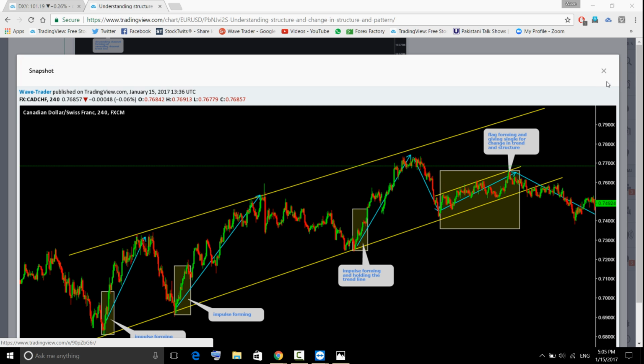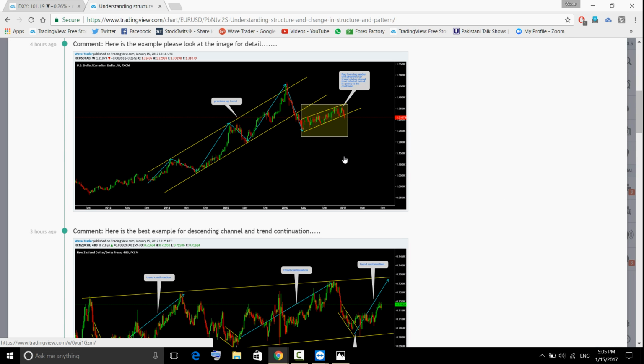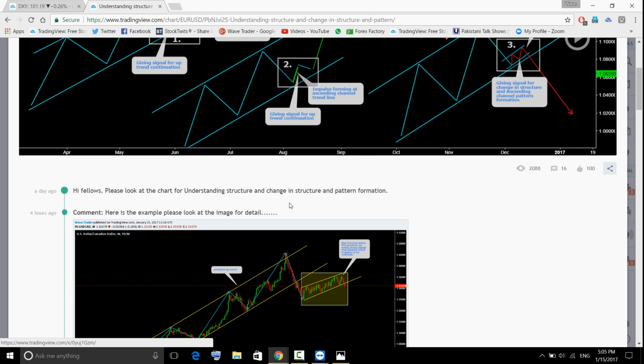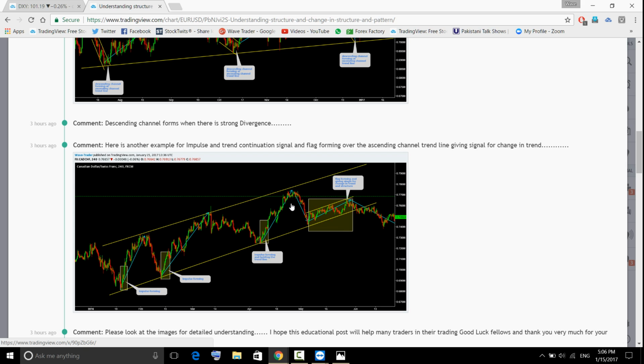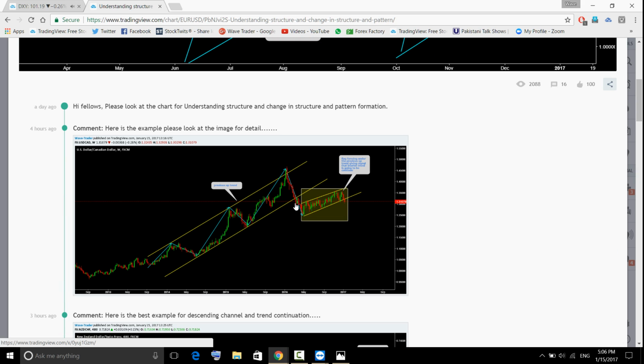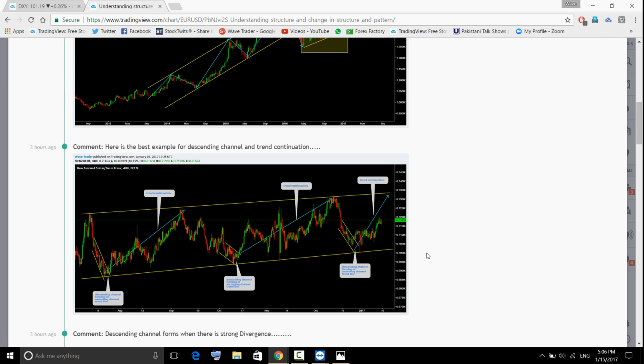All right, so let's look at the pairs. I think you guys understand this educational post well, how the structure changes itself. Many traders ask me every day, is it over, has your pattern changed, or is your setup invalidated.